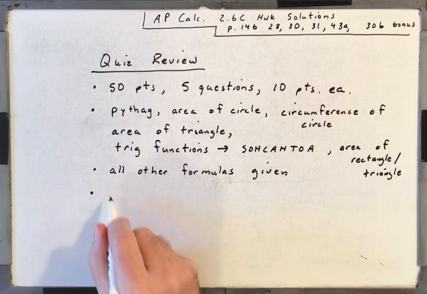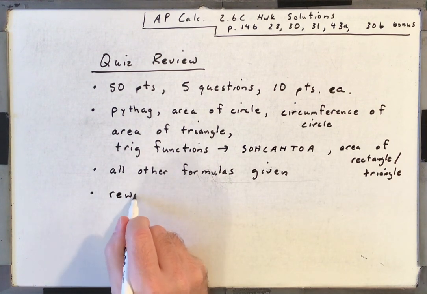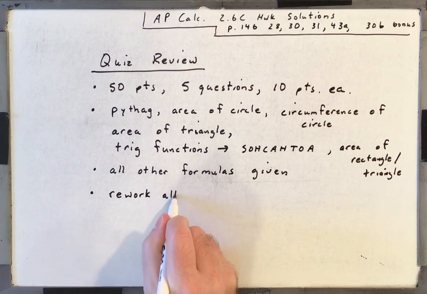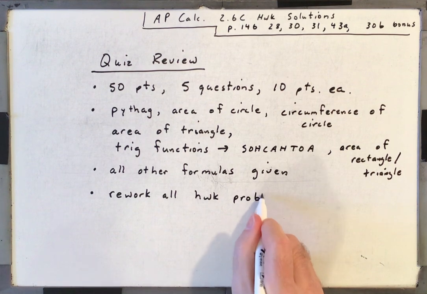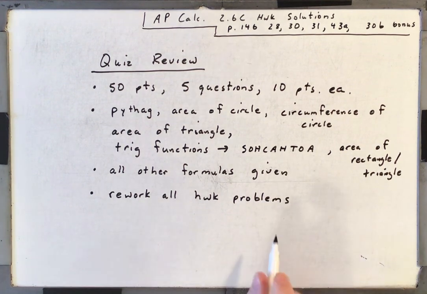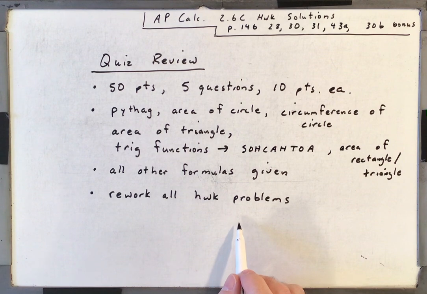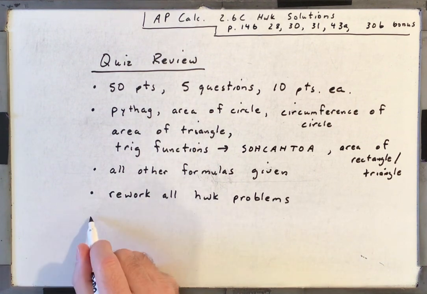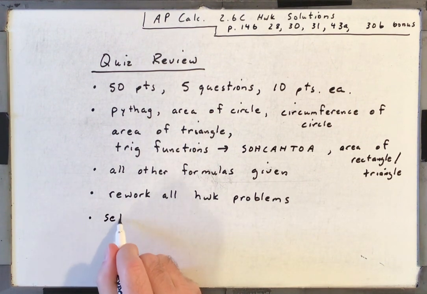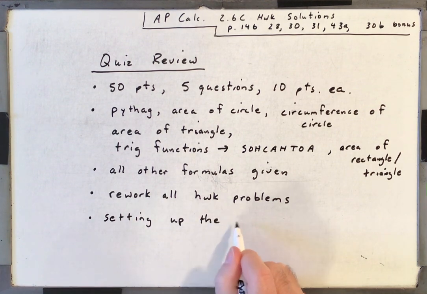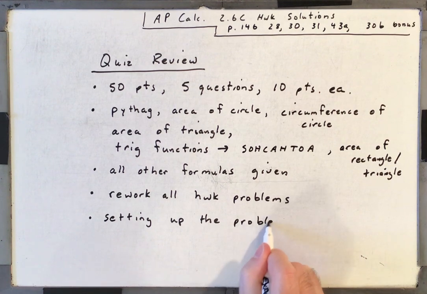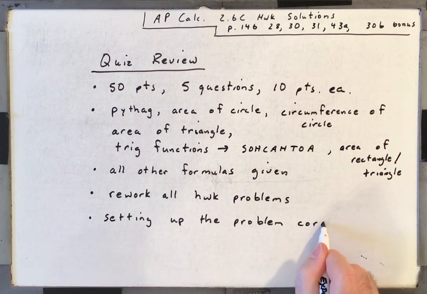What I would do to study for this is just rework all homework problems if you have time. If there's any way you can do it, take the time to rework all the homework problems. And setting up the problem correctly.